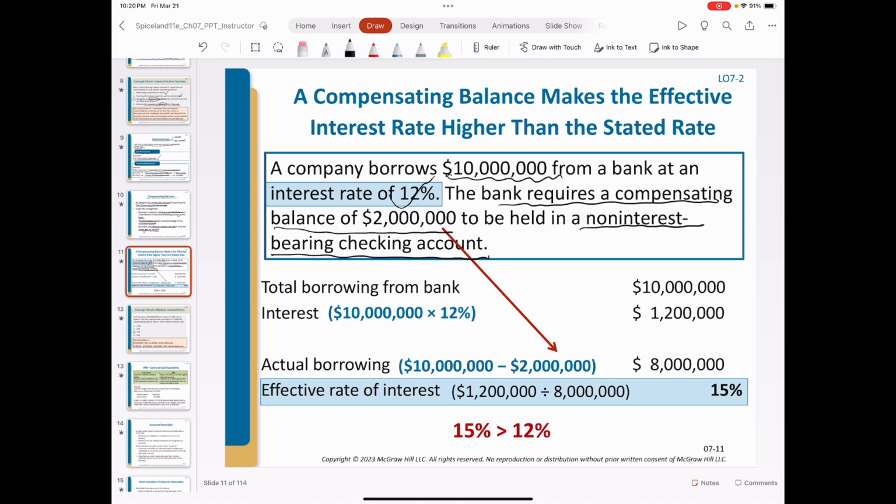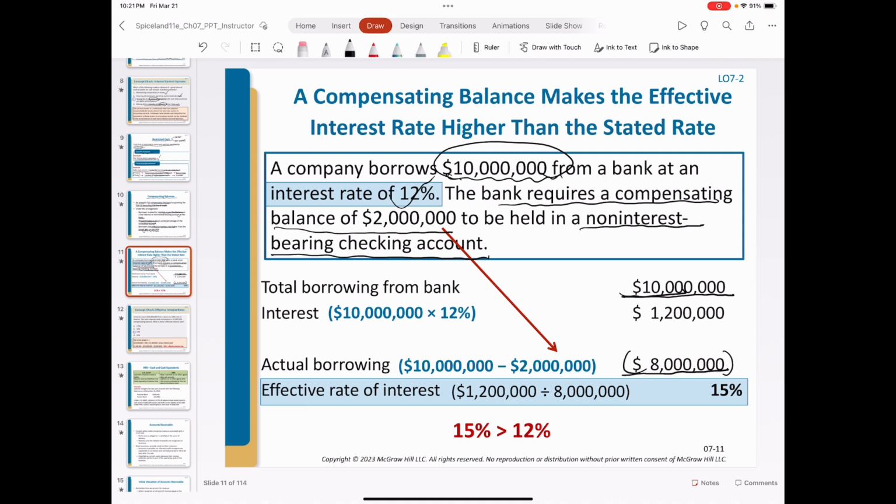This $2 million was from the borrowed fund, but it loses its liquidity. Although the company intended to borrow $10 million, only $8 million is actually available. So this is the actual principal.